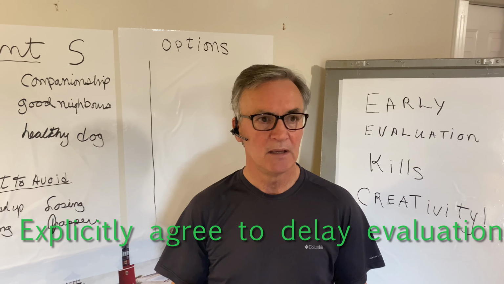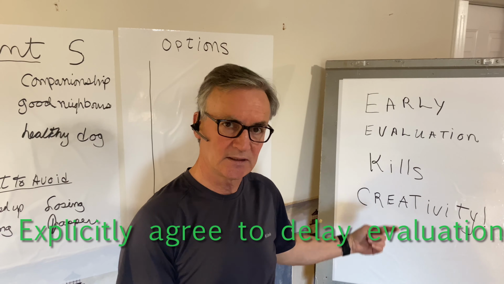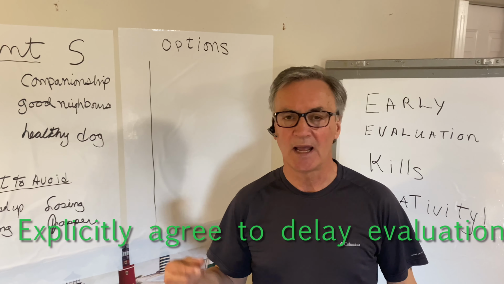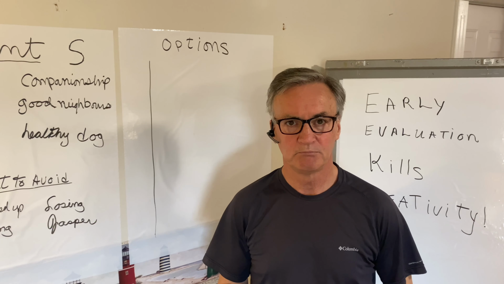Why? Because early evaluation kills creativity, so that's number 1. And number 2, you're going to get to do the evaluation at step 6, so there's no need to evaluate them now.